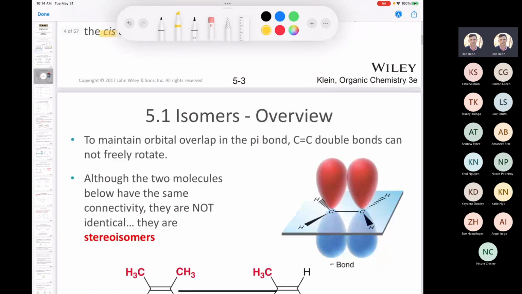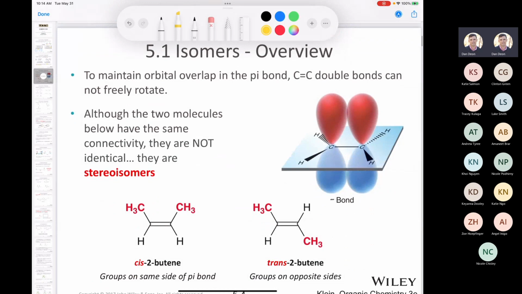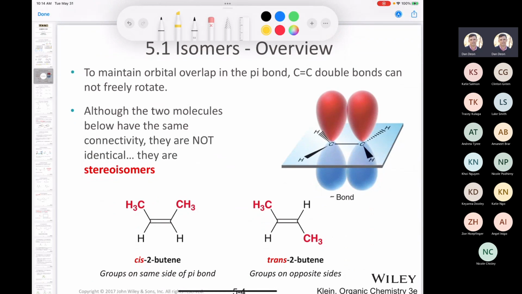There's another type of cis-trans isomerism that we see in organic molecules, and that is when we have an alkene. You must remember that when we have a pi bond, a carbon-carbon double bond, we do not have free rotation around that bond.